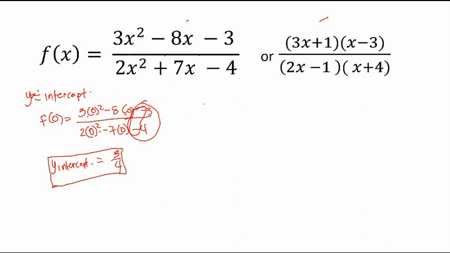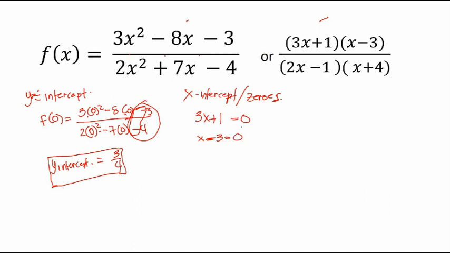Next, you have to get the x-intercept or the zeros of the function. So, to get the zeros of the function, i-equate lang natin siya sa 0, yung numerator. So, we have 3x plus 1, equate mo sa 0. Tapos si x minus 3, equate mo lang din sa 0.